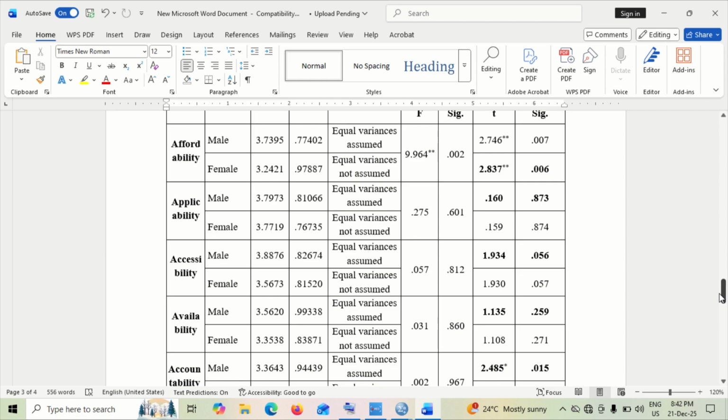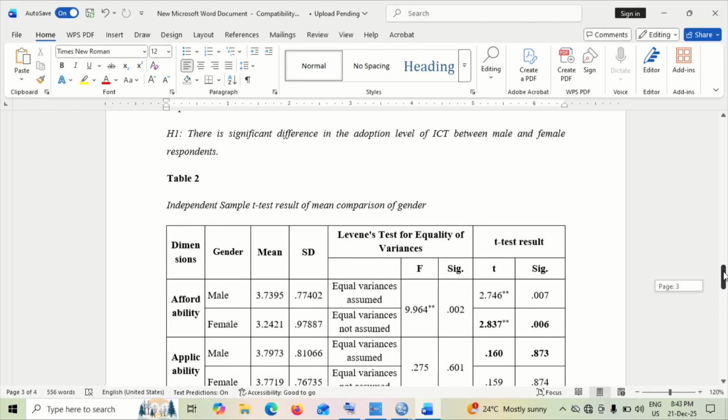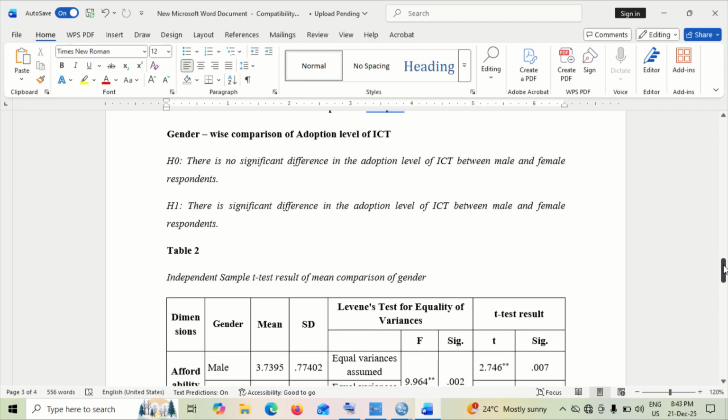But in the case of applicability, accessibility and availability, there exists no significant difference between male and female respondents, with a significance value of greater than 0.05. These are the major findings regarding adoption level of ICT between male and female respondents of the data set.